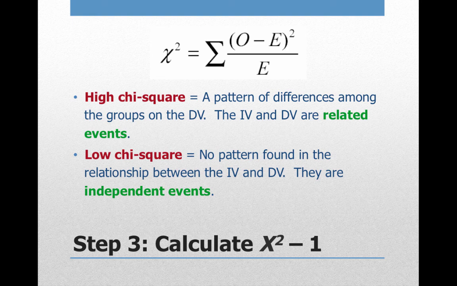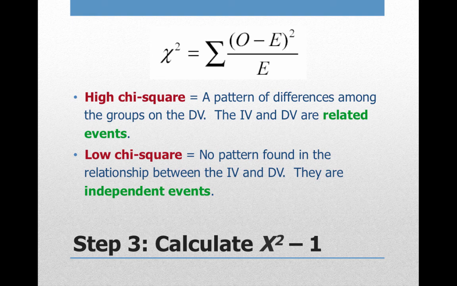And in general terms, if you have a high chi-square test statistic, a large number, then this is an indication that the pattern of differences among the groups on the DV exist. And since we have a pattern of differences among the groups on your DV in your IV, then essentially your two variables are related to each other, that they are not independent of each other, that there is some relationship going on.